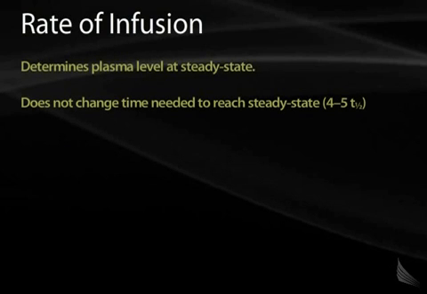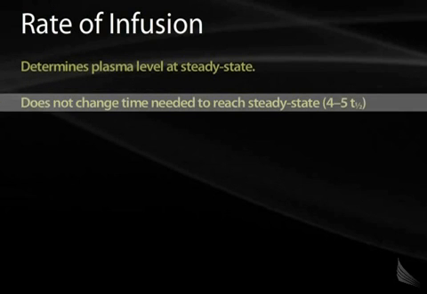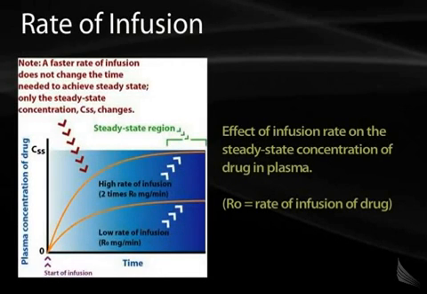The rate of infusion of the drug will determine the plasma level as you reach steady state, but it again does not change the time needed to reach that steady state. Here we show the same medication given to two different patients. However, the curve on the top shows a higher rate of infusion.